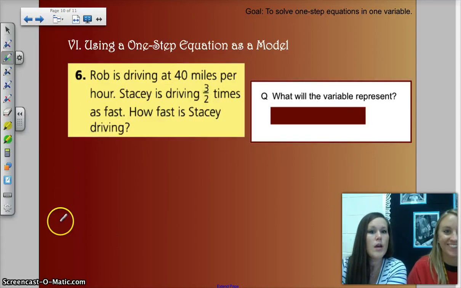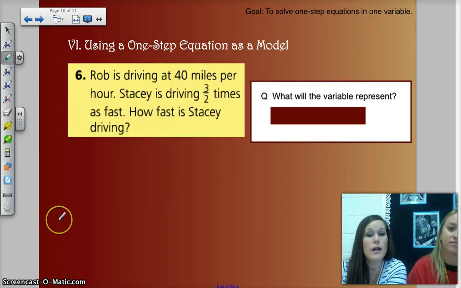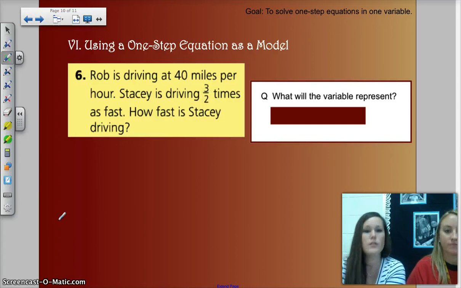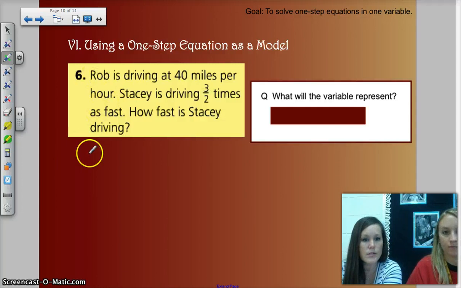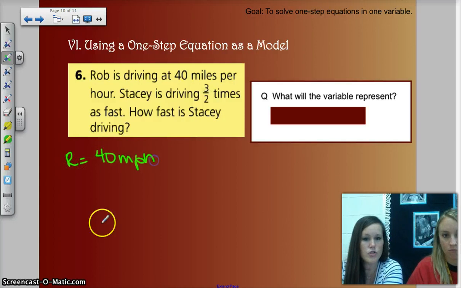Using a one-step equation as a model. Rob is driving at 40 miles per hour. Stacy is driving 3.5 times as fast. How fast is Stacy driving? Well, we know 3.5 times is going to be 3 over 2 times something. Rob is 40 miles per hour, so let's do 40 mph.